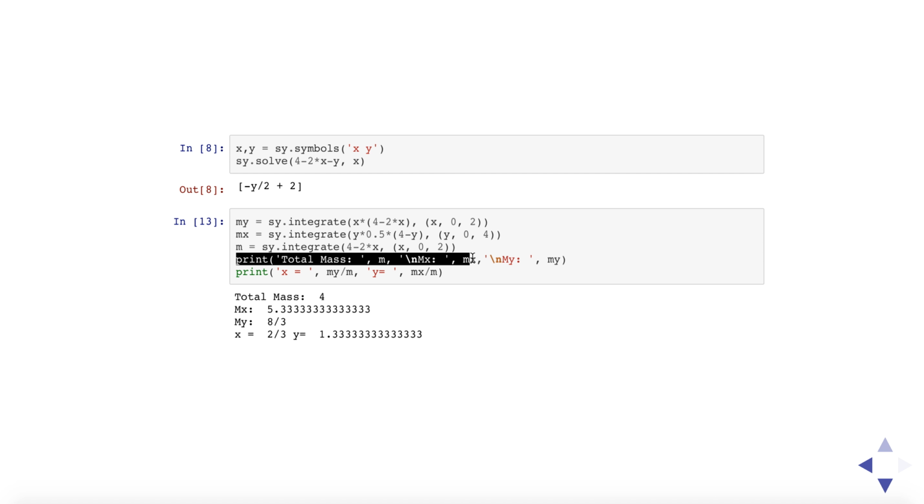I'll print these out. Total mass. This \n is an escape character, so it's just going to hop me down onto a next line, and this will print mx, and whatever that value for mx was, hop down another line, my, and whatever my is, and finally then I'll print the center of mass in the coordinates by dividing my over m and mx over m.